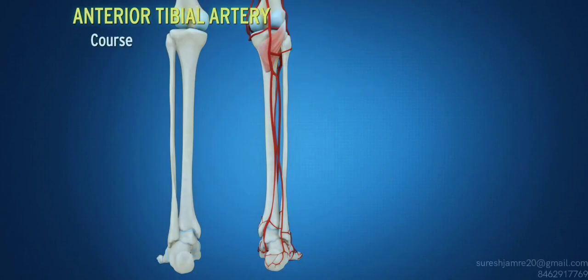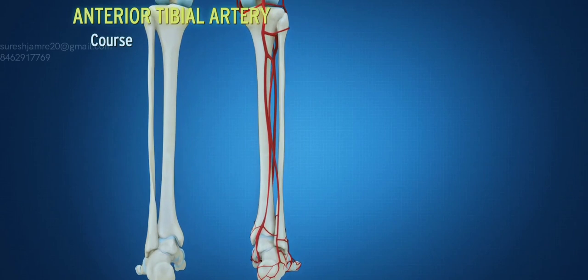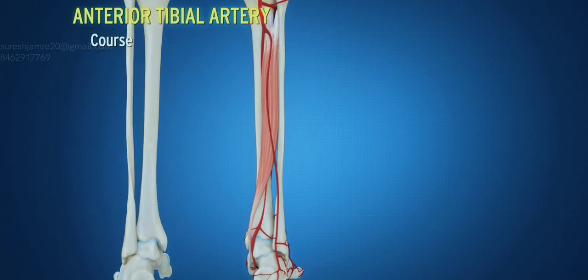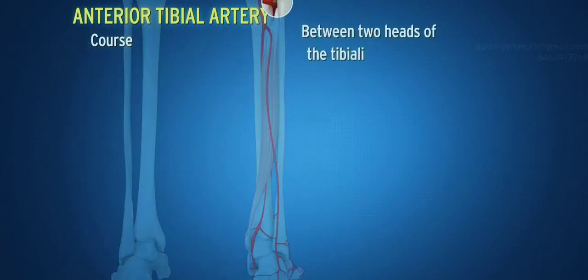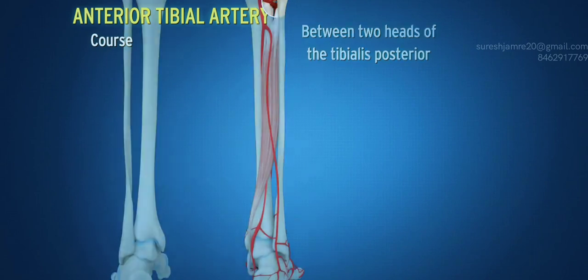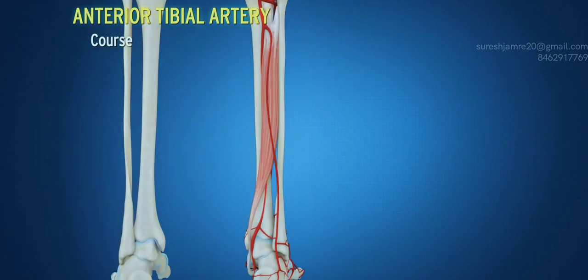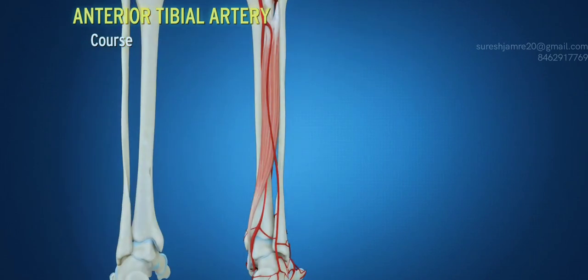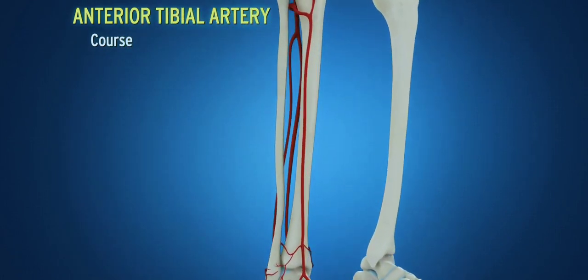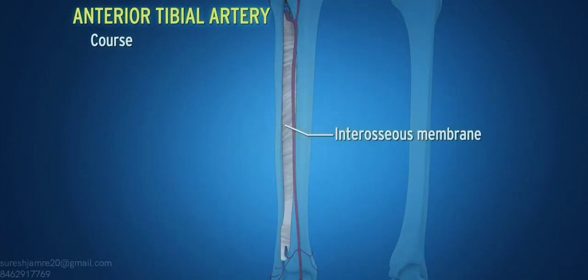Course. It begins on the back of the leg at the lower border of the popliteus. It enters the anterior compartment of the leg by passing forward between the 2 heads of the tibialis posterior through an opening in the upper part of the interosseous membrane and runs in front of it.